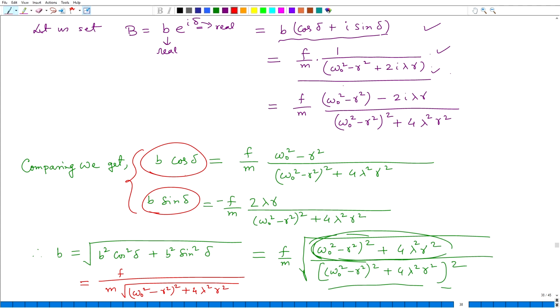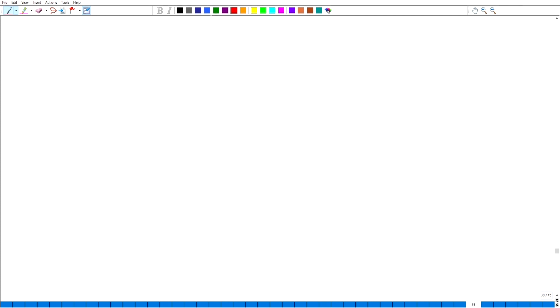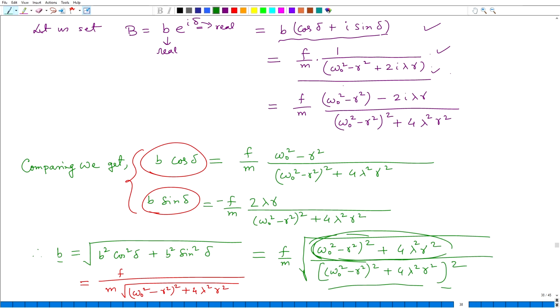If you do that, clearly you will find tan δ, and again I try to tell you there is a minus sign, so do not forget that minus sign, tan δ will be equal to b sin δ by b cos δ, which will be equal to 2λγ by (γ² − ω0²). So, you now know what δ is and what b is.